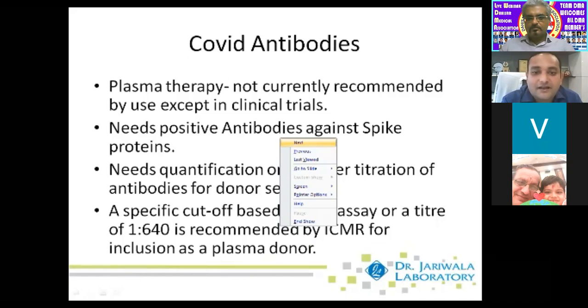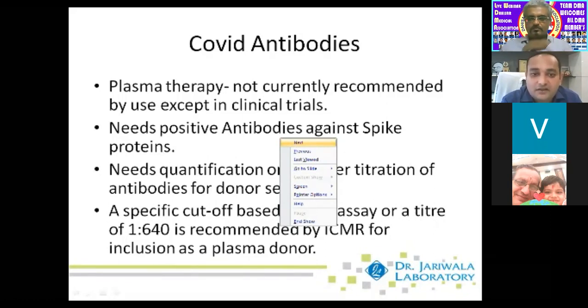That is, the patient needs to have positive antibodies against the spike proteins of the COVID virus. Now, what are the spike proteins? Spike proteins are present on the surface of the virus, which attach to the ACE receptors on the host cell or the patient cell. These proteins have a role in inserting the viral RNA and infecting the host cell.